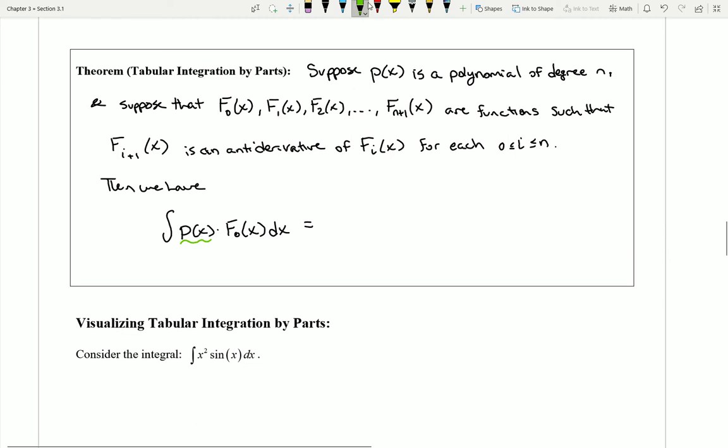It is a polynomial. And it's actually really easy to take an antiderivative of f0 because I know it's f number 1. So I could start doing integration by parts, but I'm actually going to have repeated integration by parts happening here, and I'll actually be able to tell you exactly what the grand total result is going to look like. The grand total result is actually going to be a bunch of things added or subtracted together.